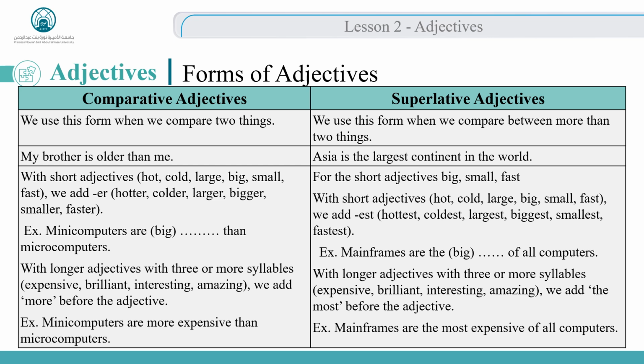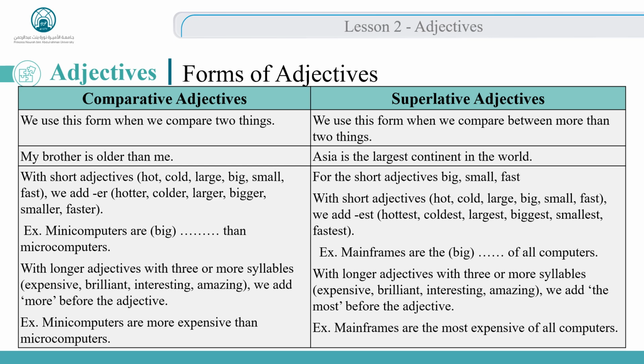But with longer adjectives, we can't say "expensiver," "brillianter," "interestinger." When the adjective has three or more syllables, we add "more" before the adjective. So we would say more expensive, more brilliant, more interesting, more amazing. But let's see together how many syllables each of these adjectives have.